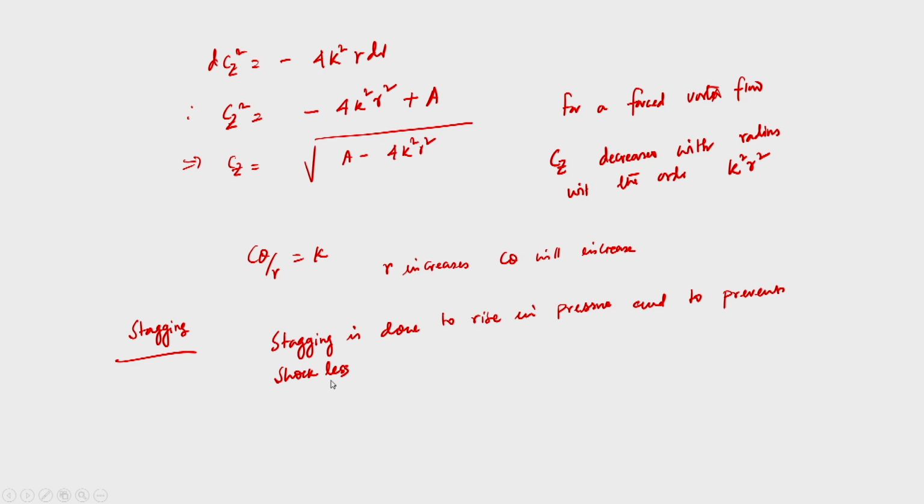I will discuss this again today, but for axial flow machines sometimes we need to go for staging, only to increase the pressure and to prevent shock loss, so that the efficiency of the machine is increased.